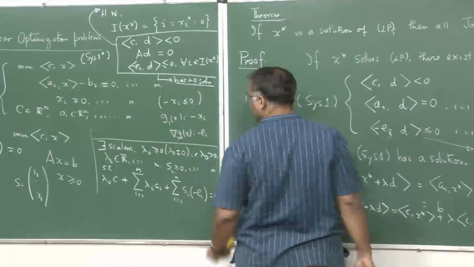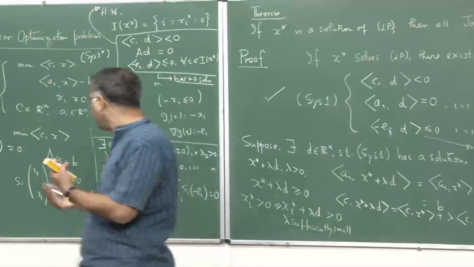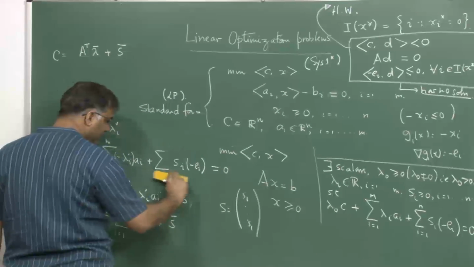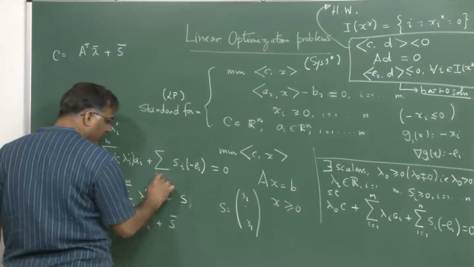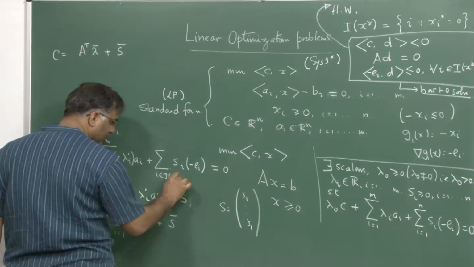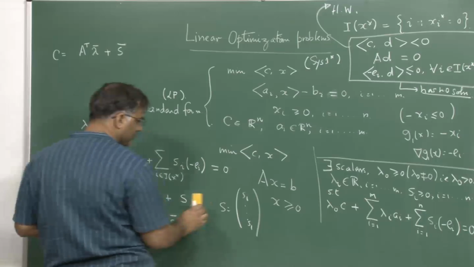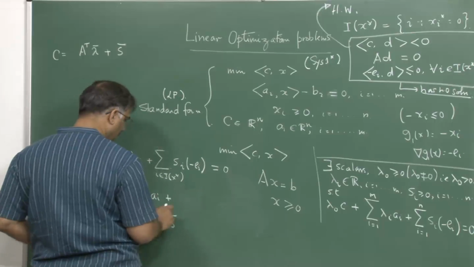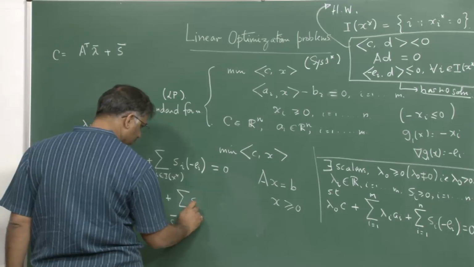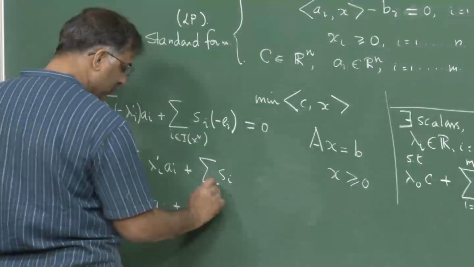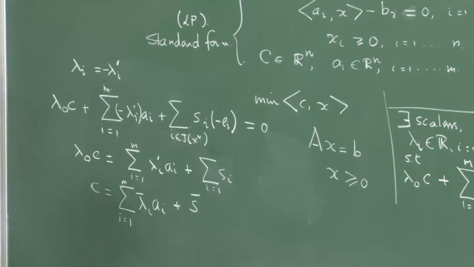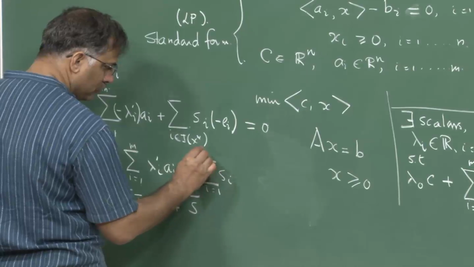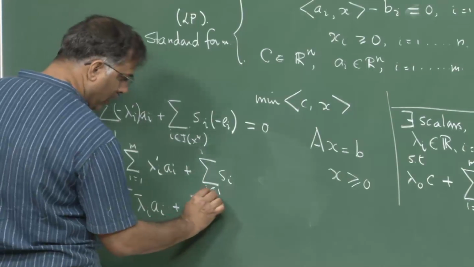Now, this system does not have a solution, so I can go back and make my changes here. I will apply the same Motzkin's alternative theorem that we learnt yesterday. So, basically what I will have here is a summation over i belonging to Ix star.